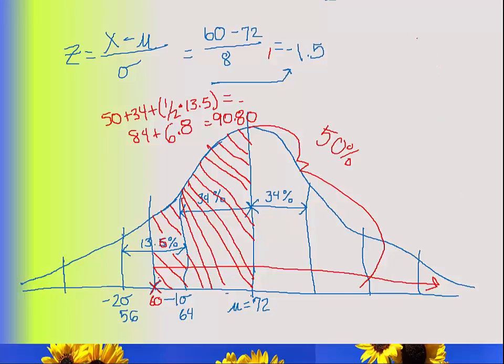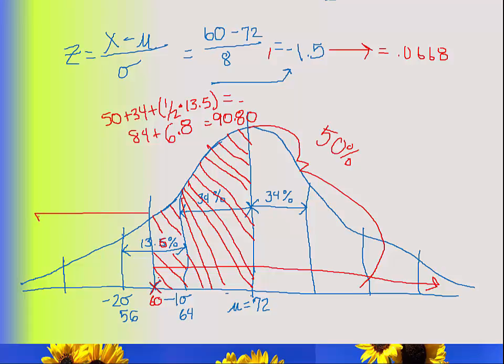Now, if we take our 1.5 here and we go look this up on a Z-chart, we're going to get this number, 0.0668. And what this number tells us is that there's about a 6.6% or 6.7% chance that a person would score less than 60.